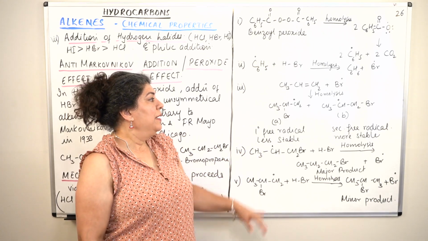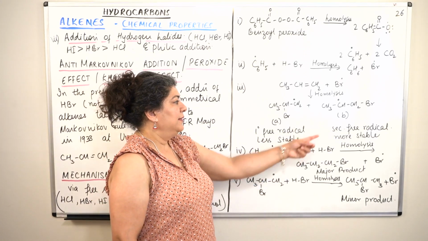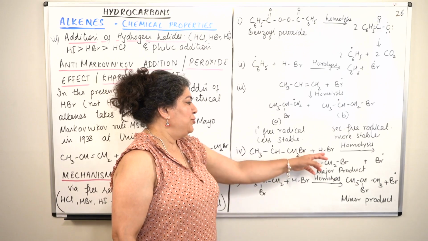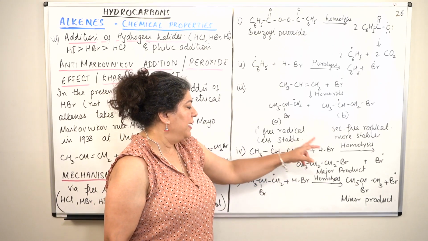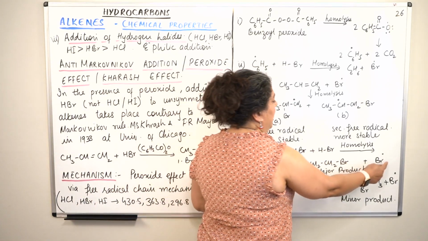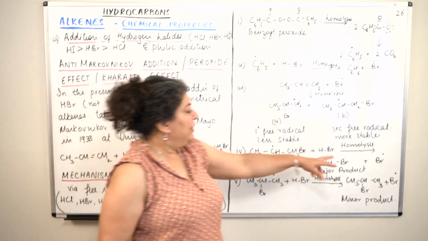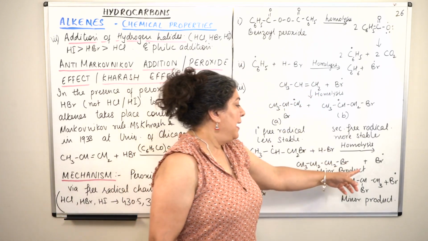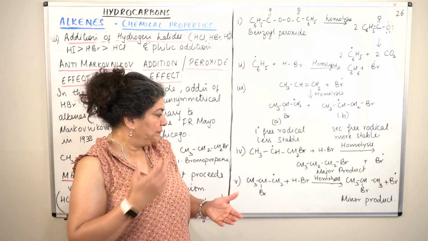So in the next step, if to the secondary free radical HBr is added, and now the bromine part is already there, the hydrogen will come and add here, homolytic cleavage will take place, and again a bromine free radical is produced here. This bromine free radical will again go and attack the next alkene, and thus the chain reaction continues.